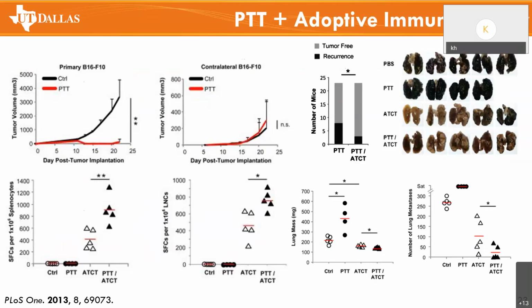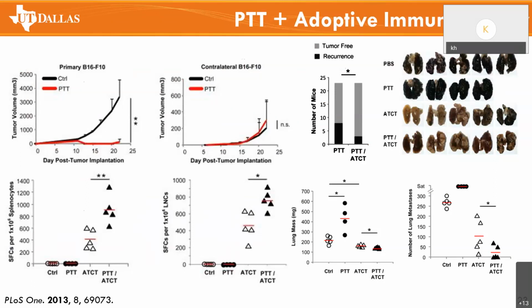Also, then they checked tumor recurrence, and they found that the second tumor that was established on the opposite flank of the mice recurred in around 35% for PTT alone, compared to just 13% in mice that got these two therapeutic methods together.